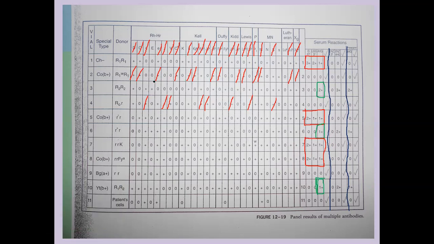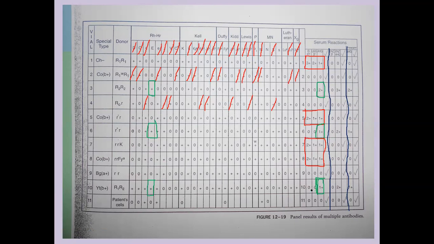So hopefully everybody sees this. E there, cell 6 and cell 10. Okay, so right now it looks like the E antigen could fit possibly one of the antibodies.